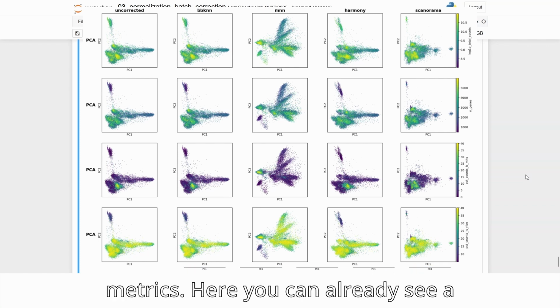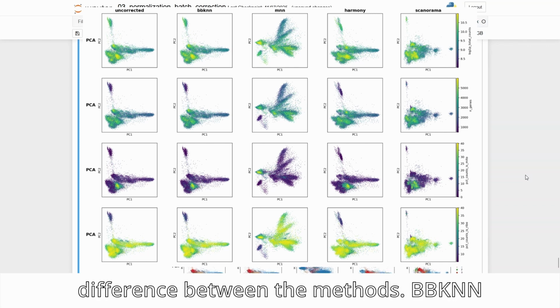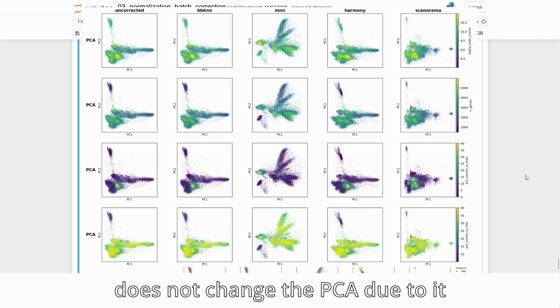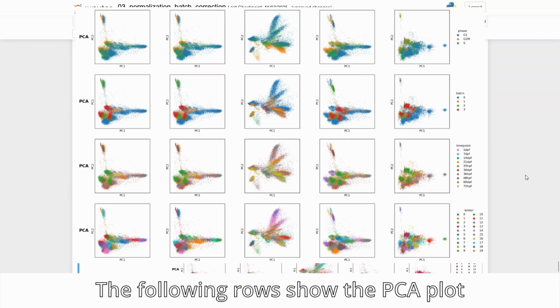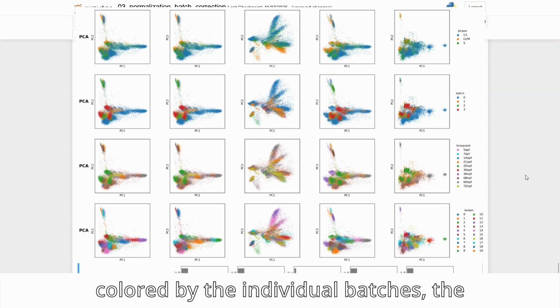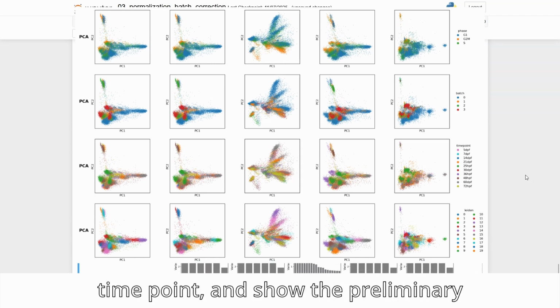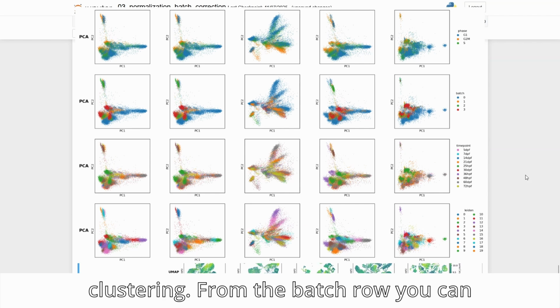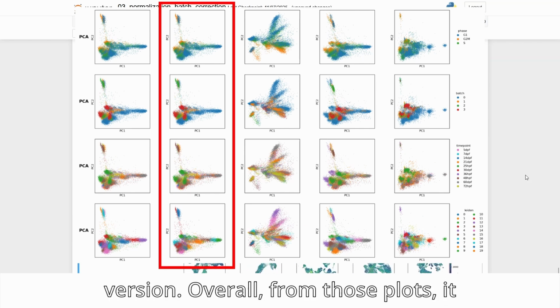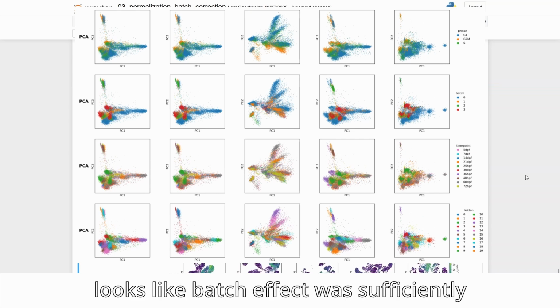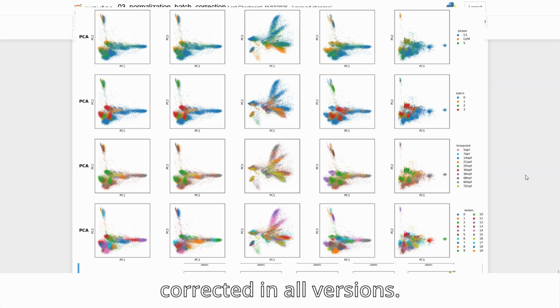Here you can already see a difference between the methods. BBKNN does not change the PCA due to it replacing the kNN. The following rows show the PCA plot colored by the individual batches, the time point, and show the preliminary clustering. From the batch row, you can see the differences, except for the BBKNN version. Overall, from those plots, it looks like batch effect was sufficiently corrected in all versions.